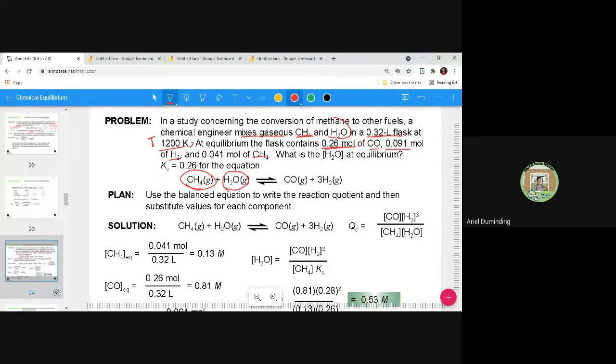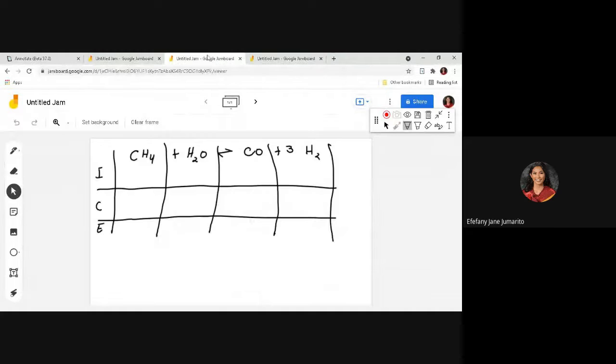So we solve first: 0.041 mole divided by 0.32. What is that? 0.13.